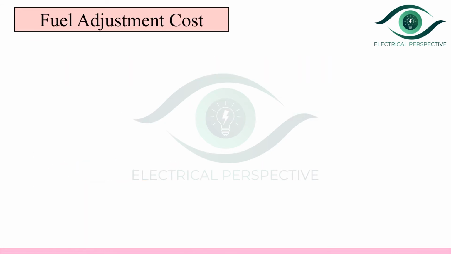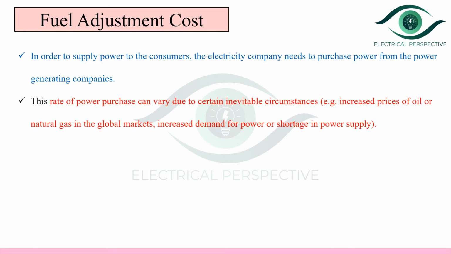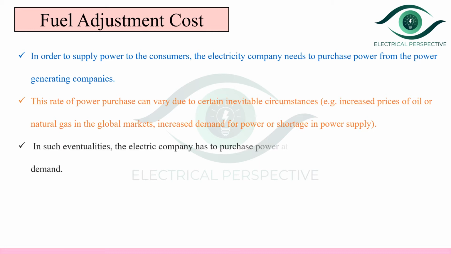Next is the fuel adjustment cost. In order to supply power to the consumer, the electricity company needs to purchase power from the power generating companies. This rate of power purchase can vary due to certain inevitable circumstances, for example increased prices of oil or natural gas in global markets, increased demand for power, or shortage in the power supply.